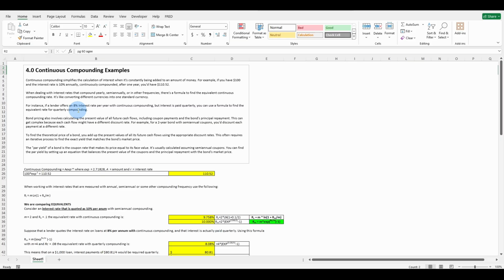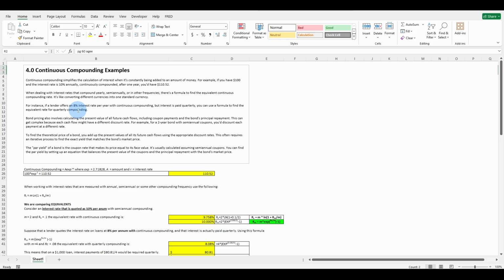Bond pricing also involves calculating the present value of all future cash flows, including coupon payments and the bond's principal repayment. This can get complex because each cash flow might have a different discount rate. For example, with a 2-year bond with semi-annual coupons, you discount each payment at a different rate. I previewed this earlier.